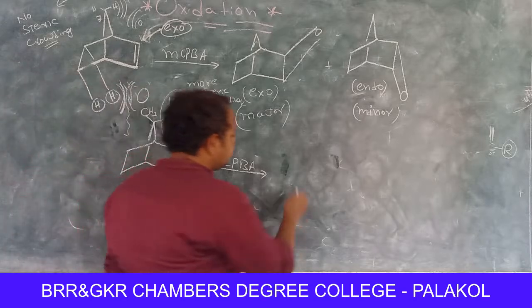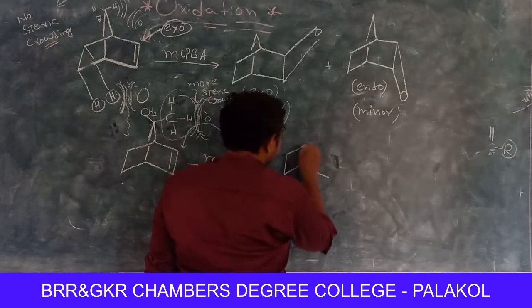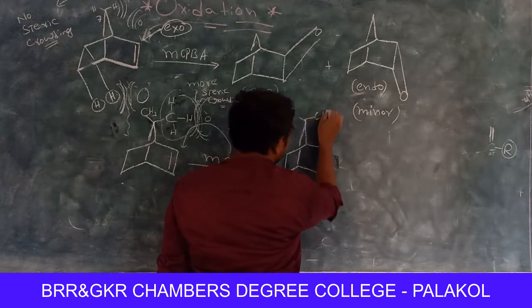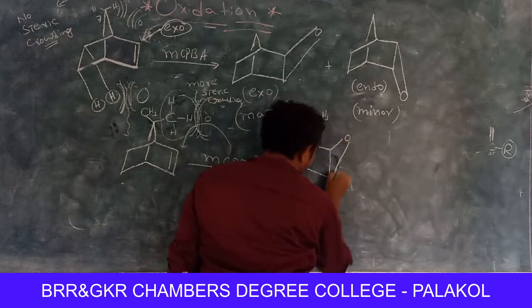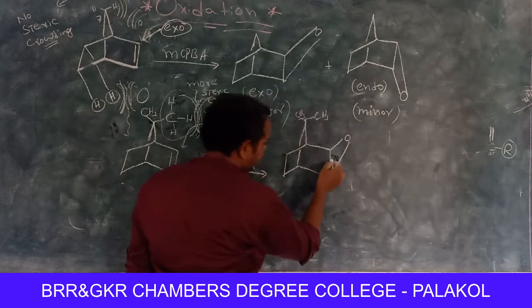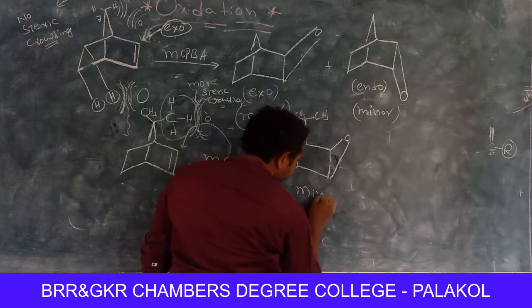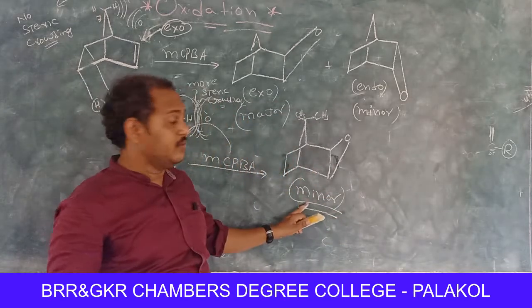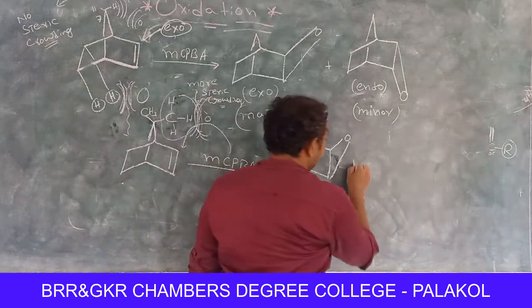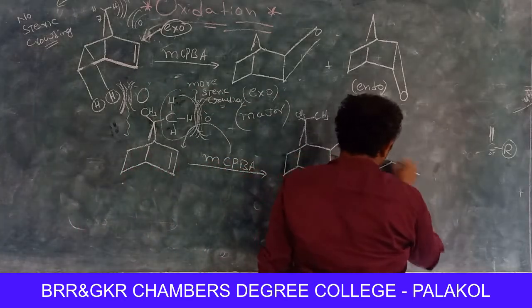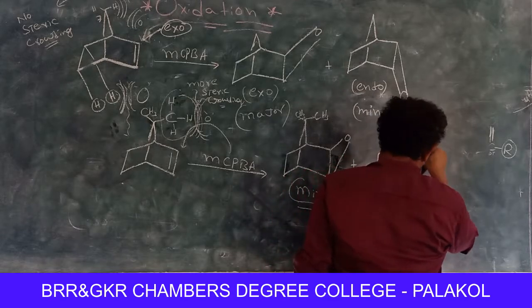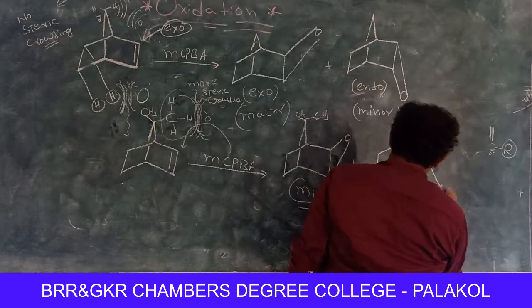In this case, we get CH3 and CH3 with the exo epoxide, and this will become minor. Then what is major? Endo is major.